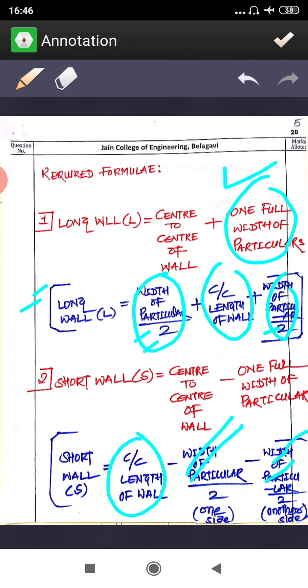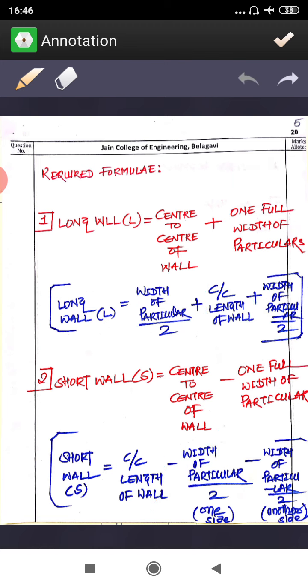If these two widths are the same, you can take it as 1 full width of particular. So that deduction you do for the short wall. Now the concept is quite clear: for the long wall you have to add and for the short wall you have to deduct. Keep that in mind.